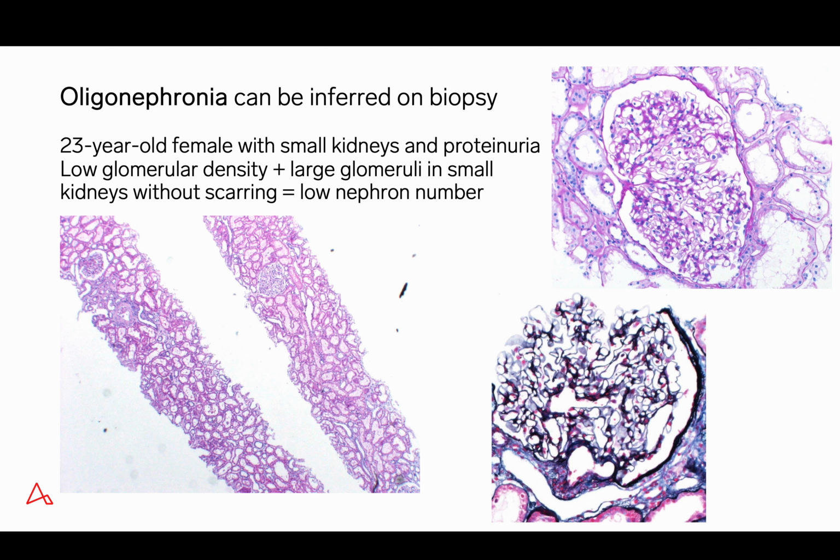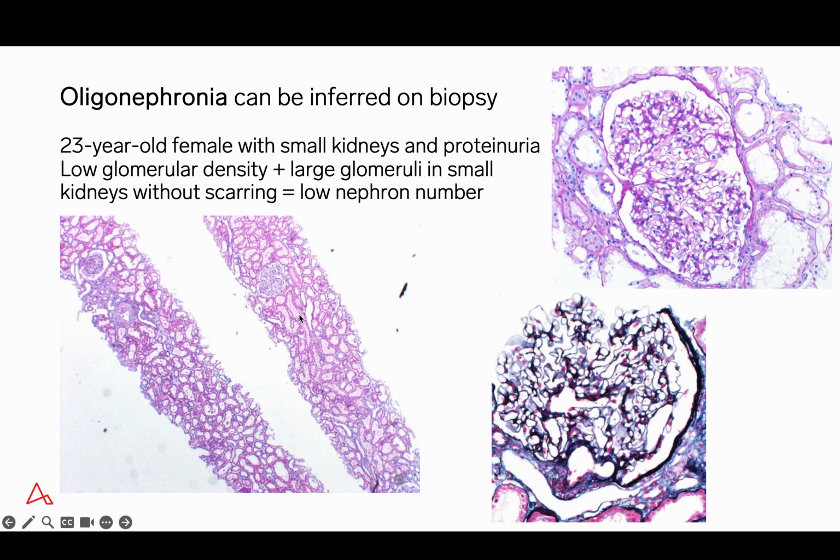I think oligonephronia can be inferred occasionally on a biopsy, and this is an example. If we look at these two cores, this is from a 23-year-old female who radiographically had small kidneys and proteinuria, and the biopsy shows low glomerular density. There's one glomerulus here, a second one here, and a third one here we're just catching the edge of.